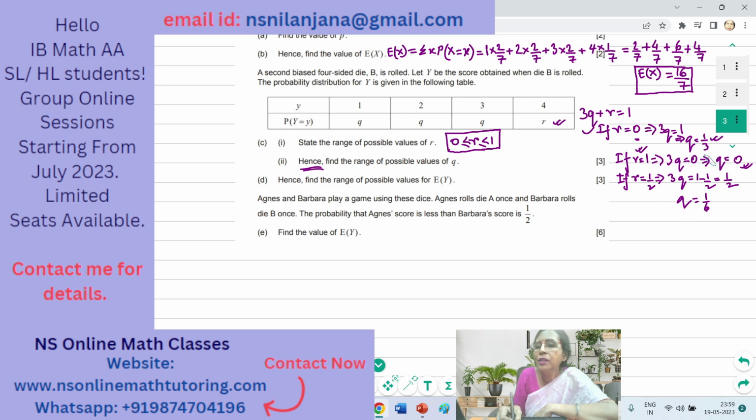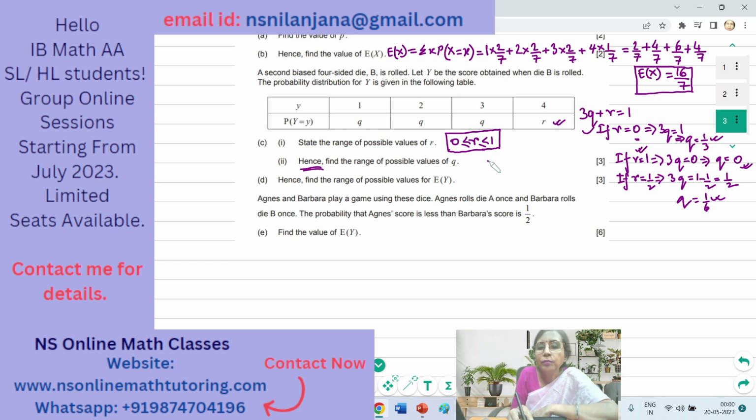When R is equal to half, Q is 1/6, which is between 0 and 1/3, because 1/3 is 2/6. So 1/3 is more than 1/6. Therefore, the two extreme limits for the value of Q will be 0 and 1/3.